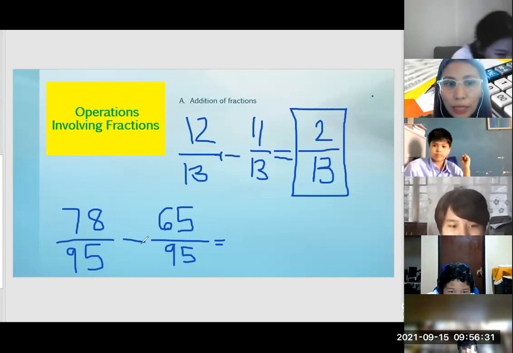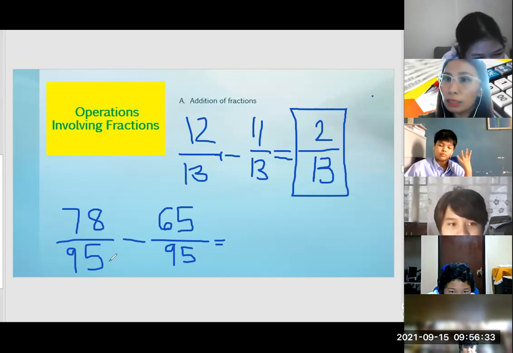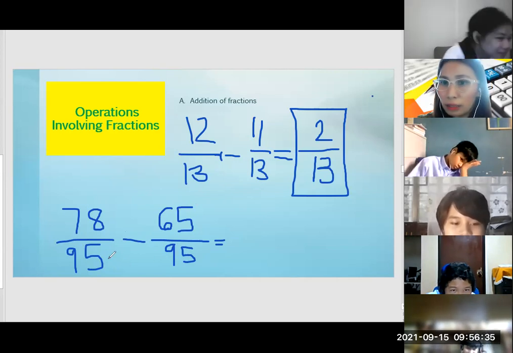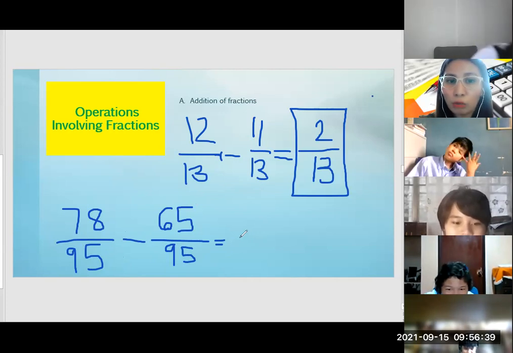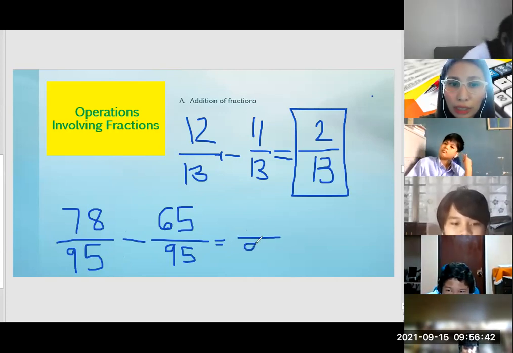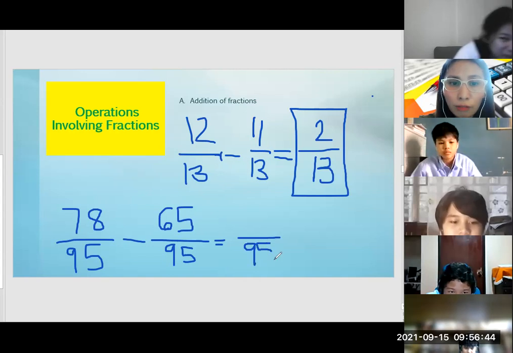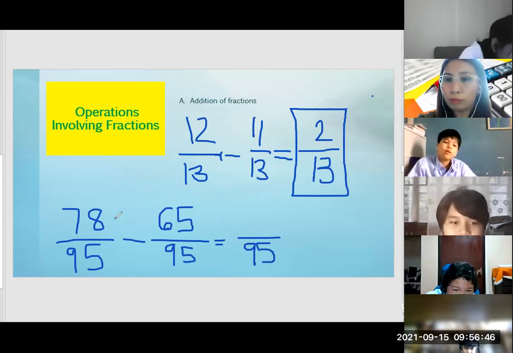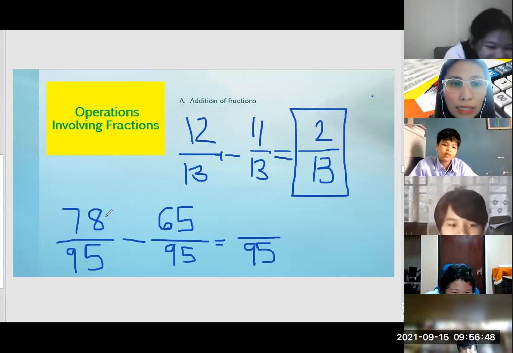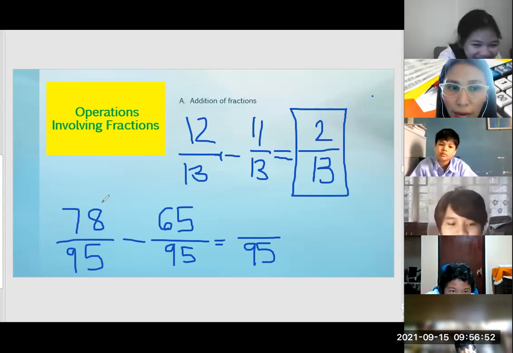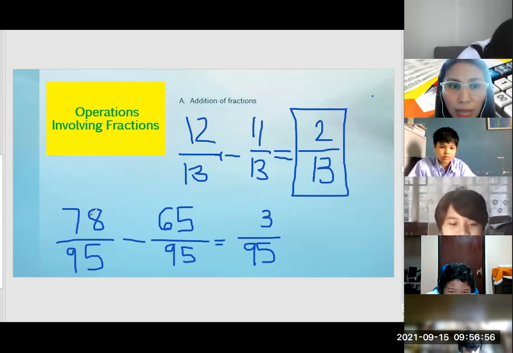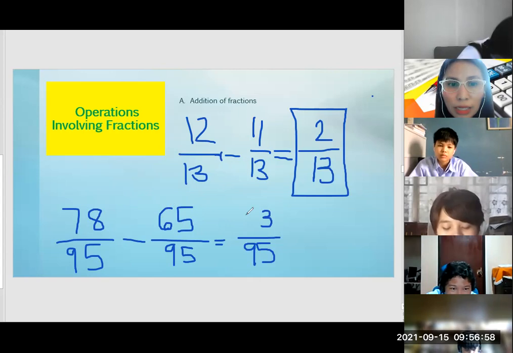Check the operation minus, then check the denominator, same naman. So you can now proceed to subtraction of numerator. So let's subtract 78 minus 65. So 8 muna tayo. 8 minus 5, we have 3. And then 7 minus 6 is 1.